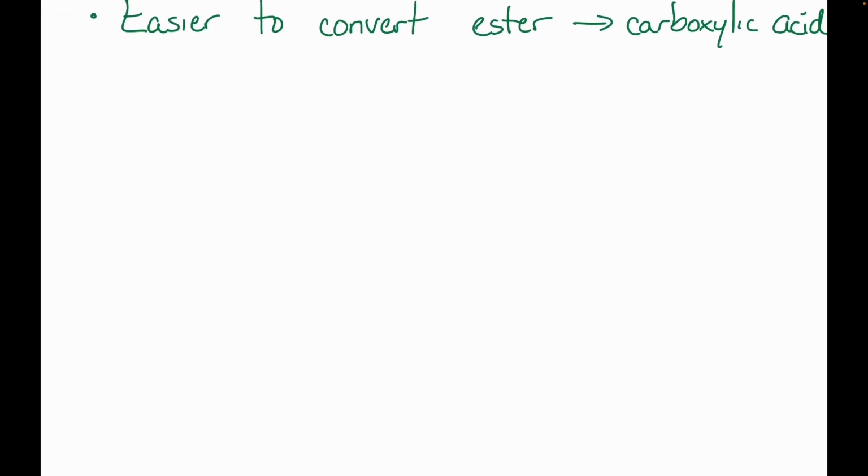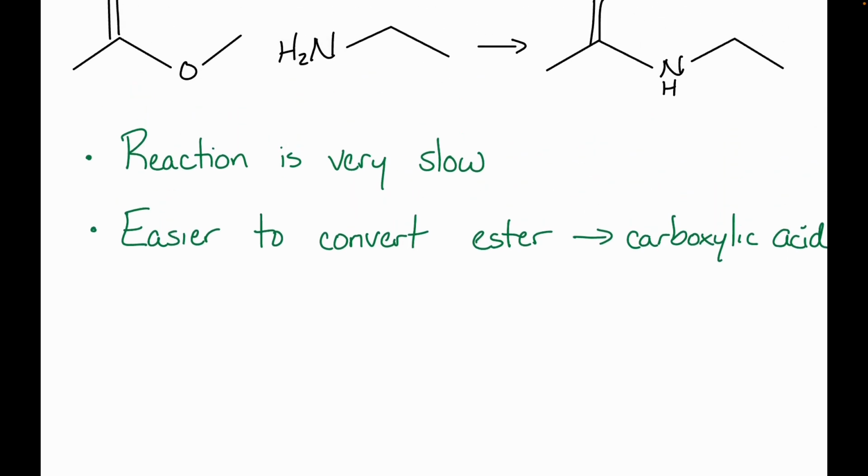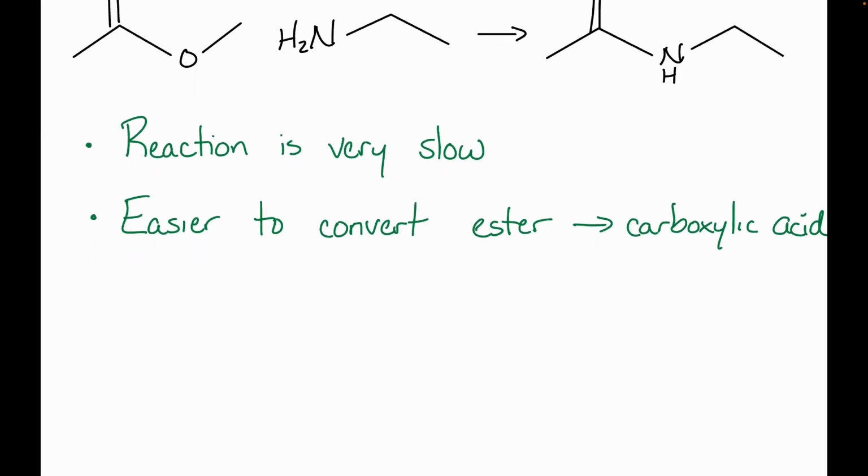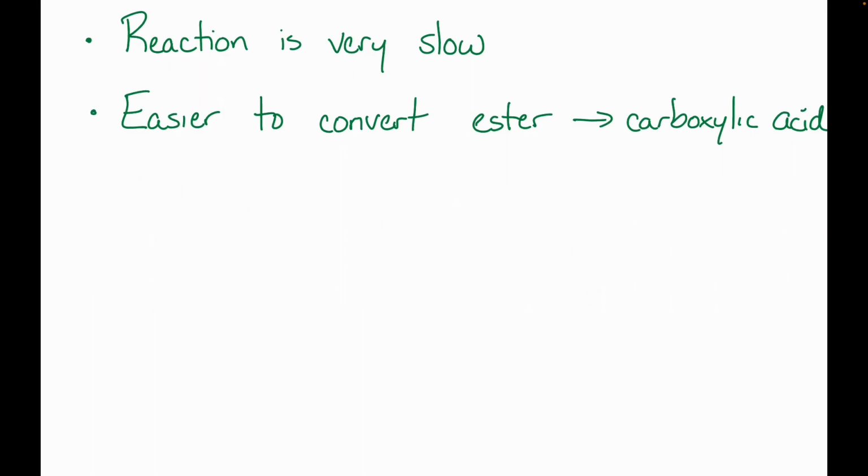Okay. We talked about, cool, so converting more reactive functional groups into less reactive functional groups. This would be our last one here. Our ester can be converted into an amide by adding an amine. Practically speaking, a very slow reaction. So typically you would first convert this to a carboxylic acid, and then you could convert to an amide.